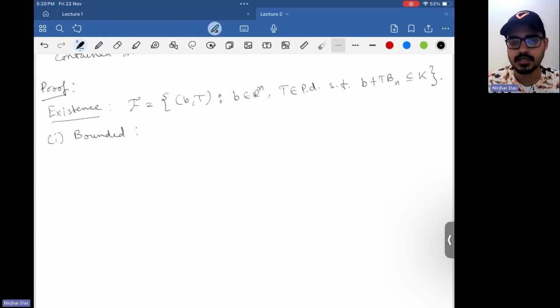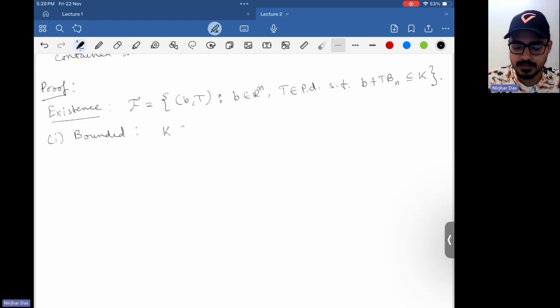Recall that the definition of a convex body says that it's a compact convex set with non-empty interior. So the convex body itself is bounded, and everything contained inside it is also bounded.